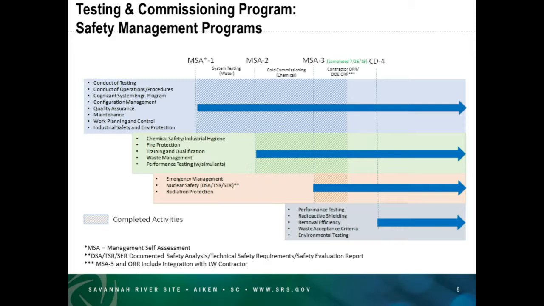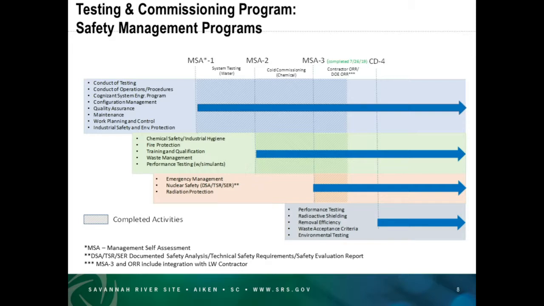After we finished our water testing, the next step was to introduce chemicals into the facility. That's where we are right now. We're processing with chemicals. As we entered that phase, we had some other areas that became important, like chemical safety, making sure our personnel were adequately trained to deal with the chemical hazards in the facility.